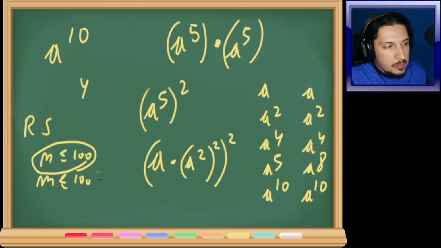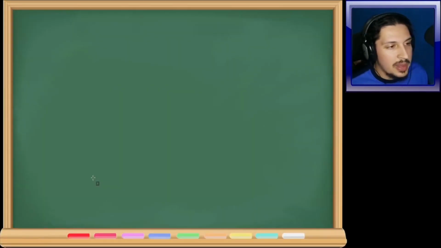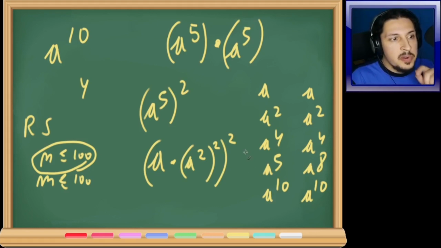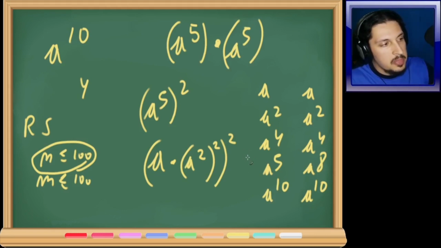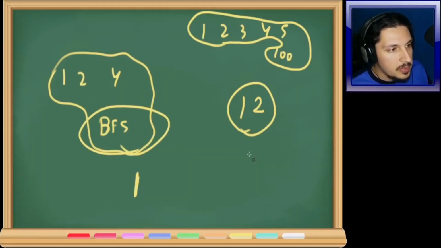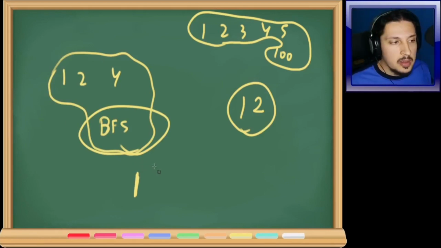Well, that is correct, but remember that our sets will go to 100. So if you just do BFS on that set. Now, at first, for this problem, I thought that BFS would not be fast enough because there are too many sets to consider. But that turned out not to be the case.